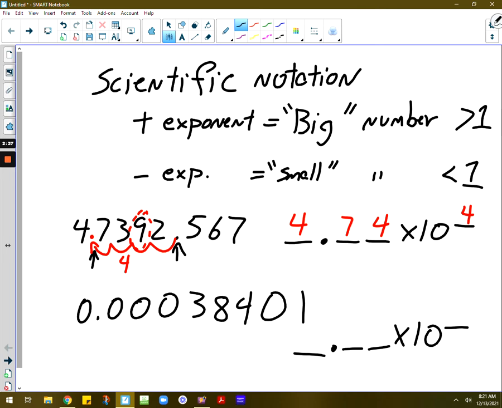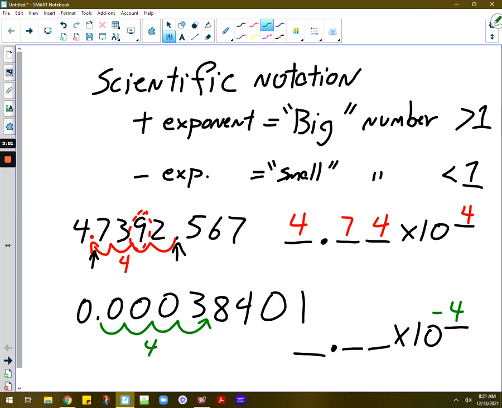Now, since this number is less than 1, I know that my exponent is going to be negative. So I just need to see how many places I have to jump my decimal to get it between those first 2 non-zeros. So I'm going to jump it 1, 2, 3, 4 places. So it's going to be 10 to the negative 4.